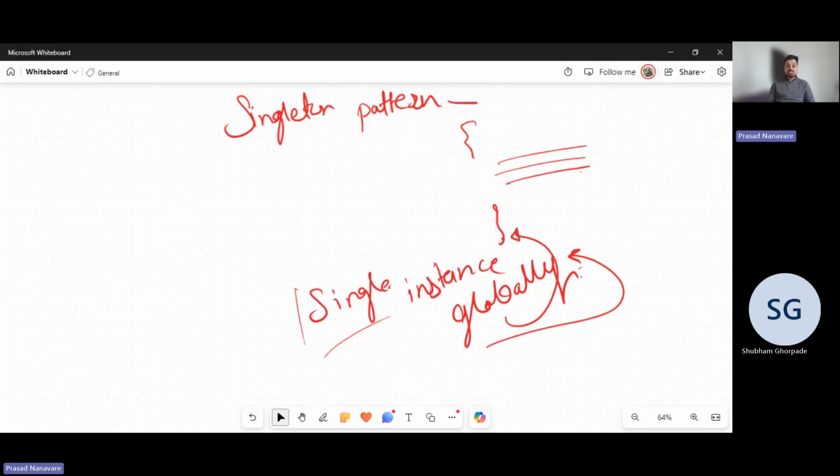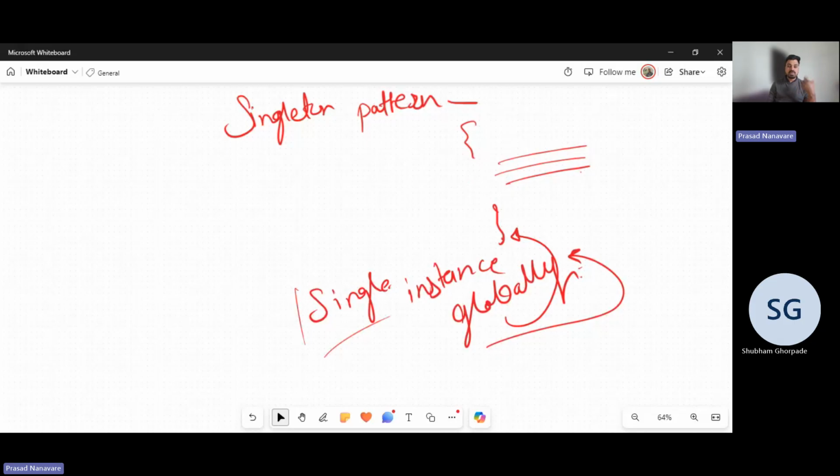How it is implemented is that the class constructor is private, and we provide a static method to access the single instance. You must be familiar with these terms, right?